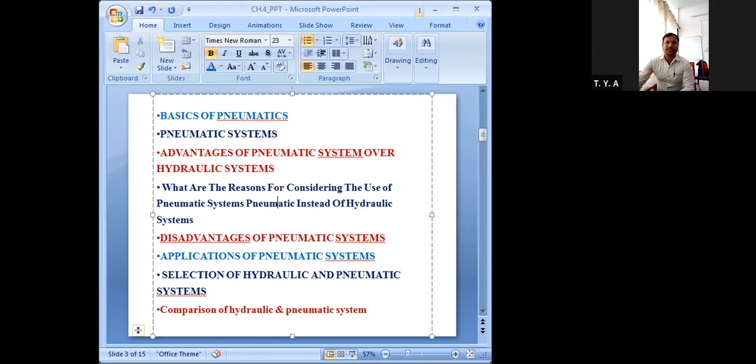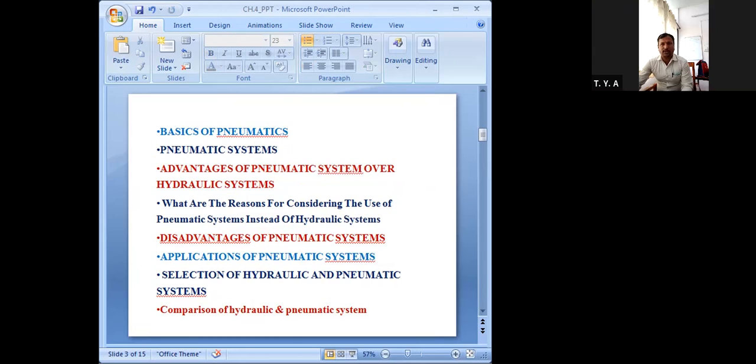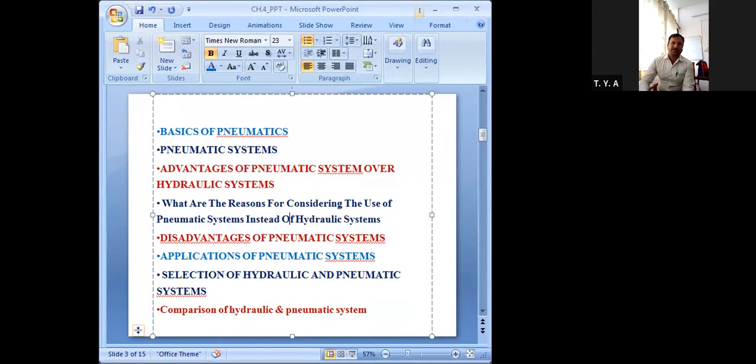You can consider this question. Or what are the reasons for considering the use of pneumatic system instead of this hydraulic system? Okay, so its answer I will explain now.